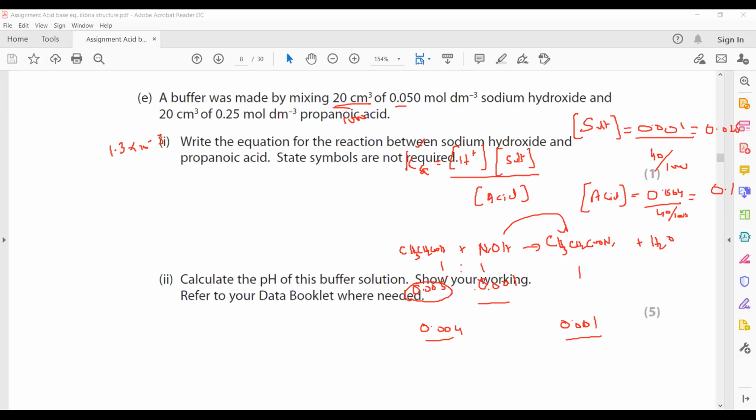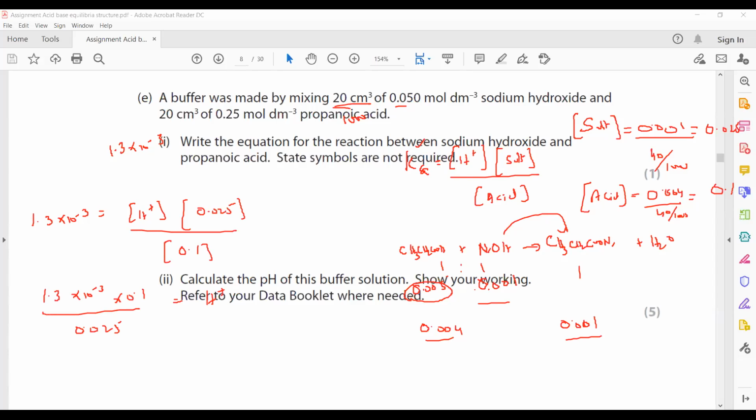And we have Ka. So we just solve this equation to get the hydrogen ion. 1.3 into 10 to the power minus 3 is equal to the hydrogen ion. The concentration of the salt was 0.025, and the concentration of the acid was 0.1. So 1.3 into 10 to the power minus 3 multiplied by 0.1 divided by 0.025.